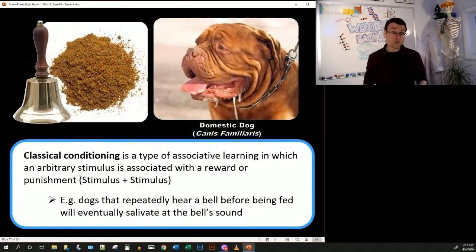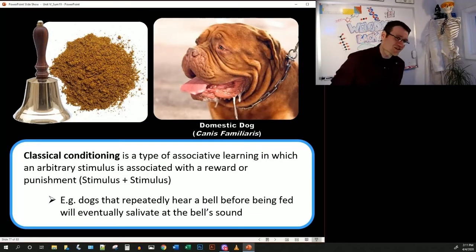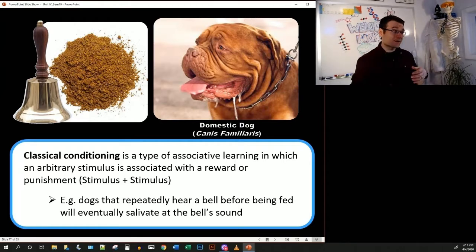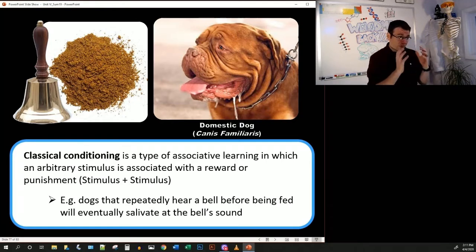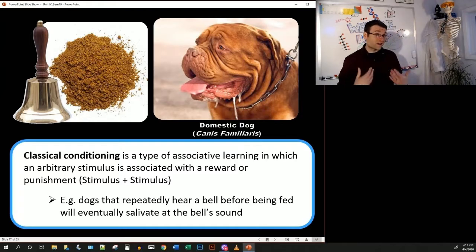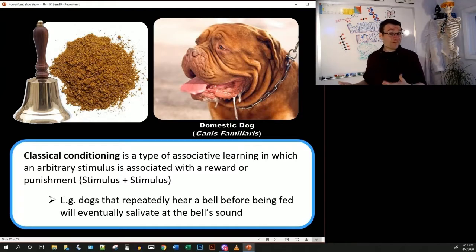For example, in classical conditioning, everyone knows about classical conditioning, Pavlov and his dog, right? It's a type of associative learning in which some arbitrary stimulus is associated with either reward or punishment. And the classic experiment for this is Pavlov's dog. So what do I mean when I say arbitrary stimulus? I mean it could be anything.